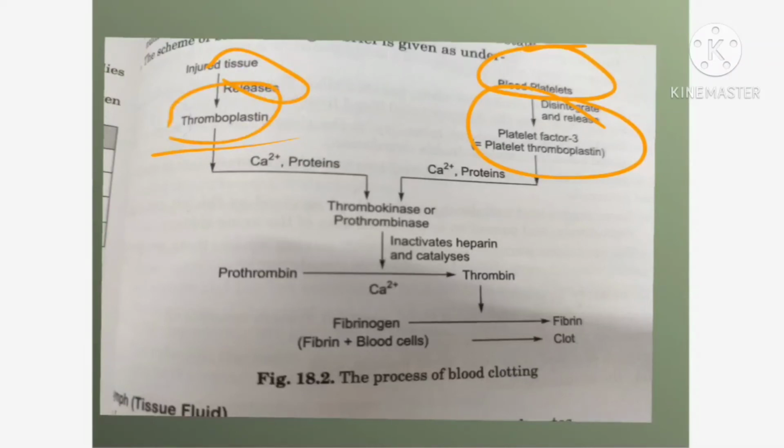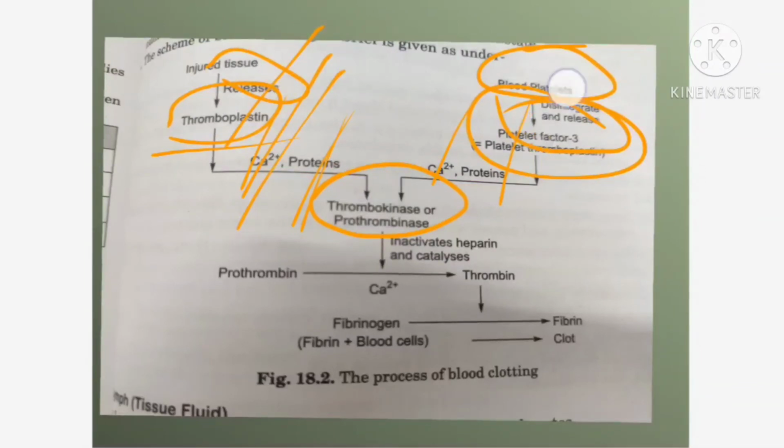These two thromboplastins, in the presence of blood plasma, the fluid content of the blood, which contains calcium and some other proteins, will release what? Thrombokinase or prothrombinase. So, thromboplastin in the presence of calcium and proteins is converted into thrombokinase or prothrombokinase. Now, this prothrombokinase inactivates heparin.